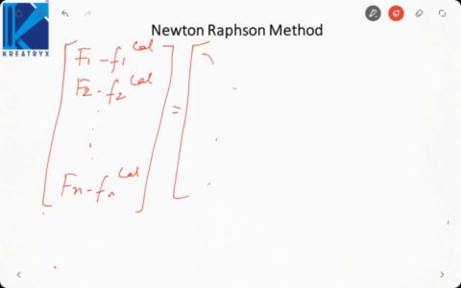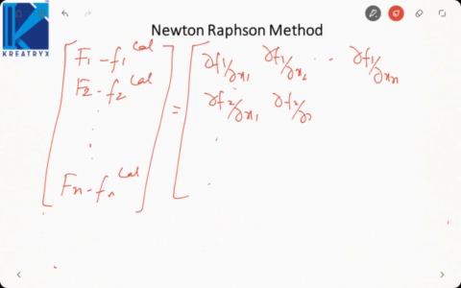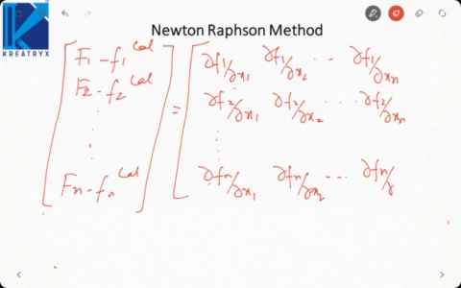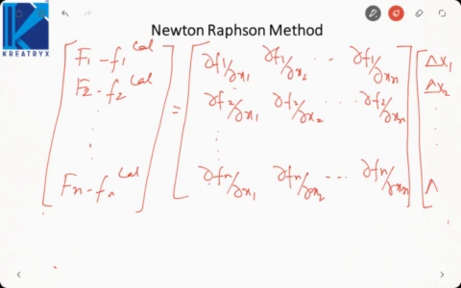This will be equal to Jacobian del f1 by del x1, del f1 by del x2, del f1 by del xn, del f2 by del x1, del f2 by del x2, del f2 by del xn, then del fn by del x1, del fn by del x2, del fn by del xn, and the correction vector will be delta x1, delta x2 up to delta xn.